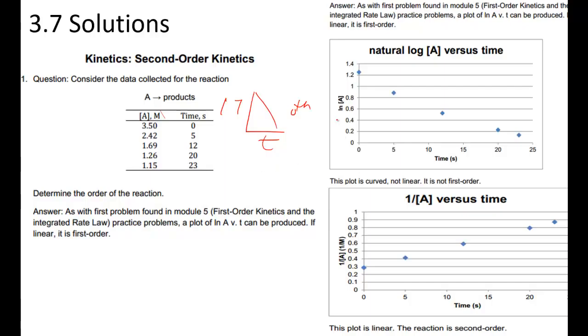If I plot natural log versus time and I get a straight line, this doesn't look quite straight, but if it was a straight line, I would be first order. And if I plot the inverse, or 1 over the concentration, and I get a straight line, which that is not, then this would be second order.